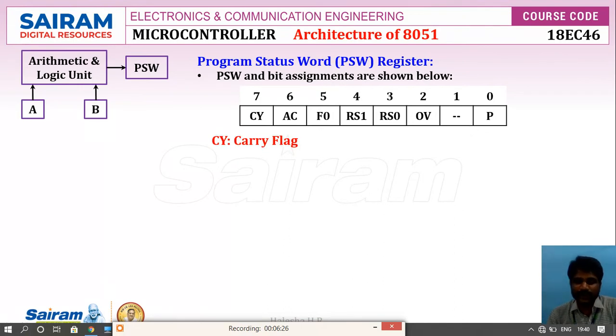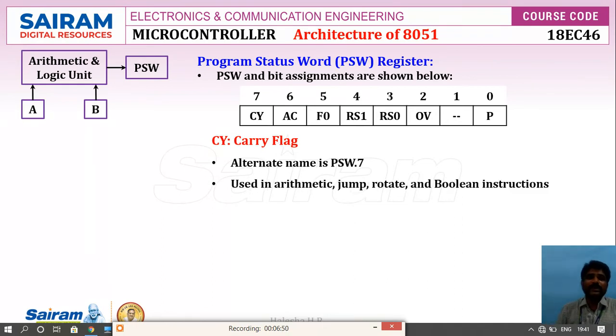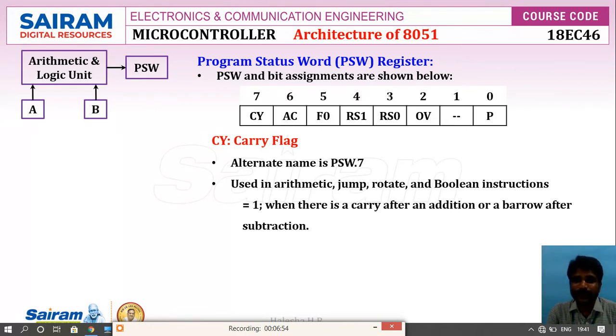So, the carry flag. As I said, it is a bit addressable register. It can be named as PSW.7, meaning this is the PSW and this is the 7th bit. In an instruction we can say either C or PSW.7. It is used in arithmetic, jump, rotate and boolean instructions.